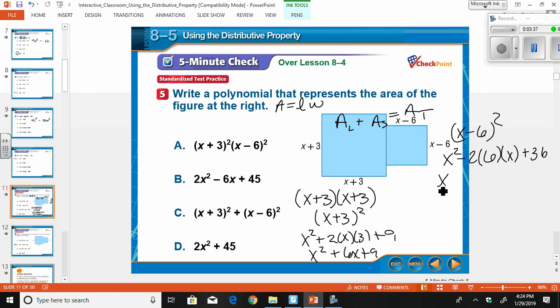So then you have x squared minus 12x plus 36. And we're adding these two together, so x squared plus x squared is 2x squared. 6x and negative 12x is negative 6x. 9 and 36 gives you 45. So 2x squared minus 6x plus 45.